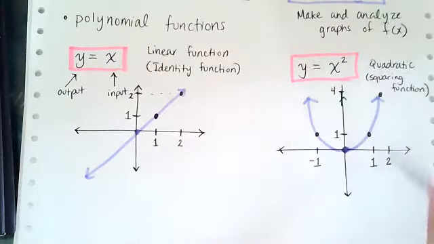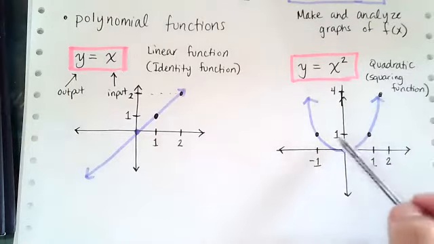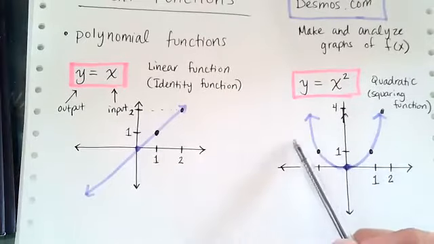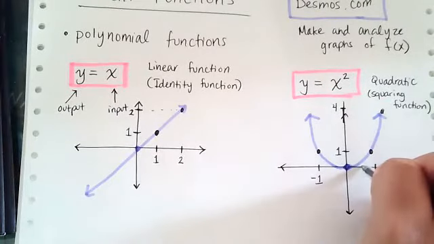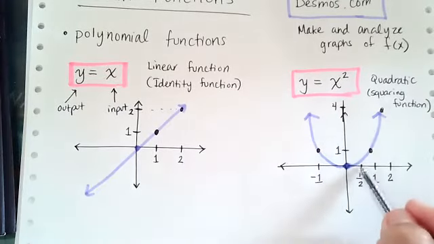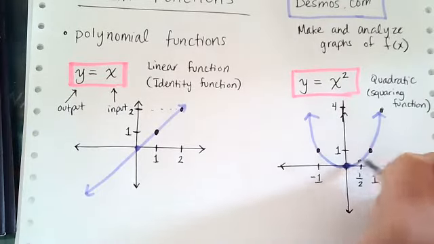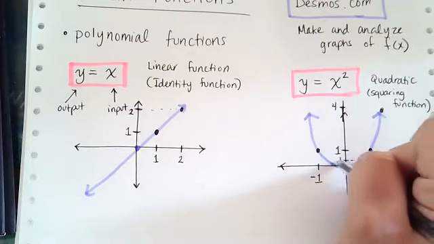And so you could plot those corresponding x and y values and then get a graph that eventually looks like this. You could also do it with fractions, where like if you put in 1/2 here and squared it, you might want to just take my word for it that if you squared 1/2, you would get 1/4 here.